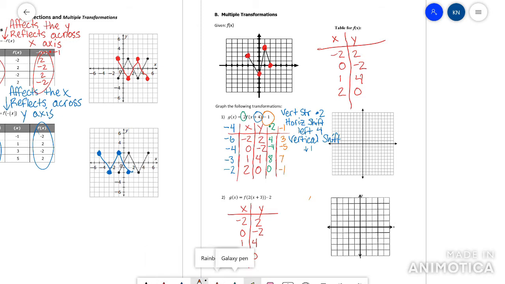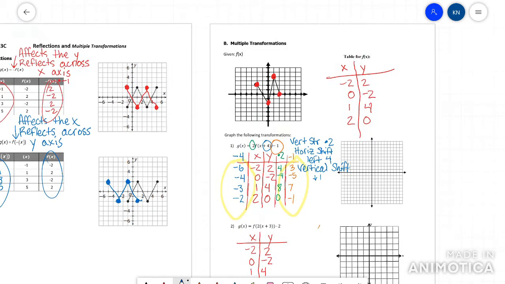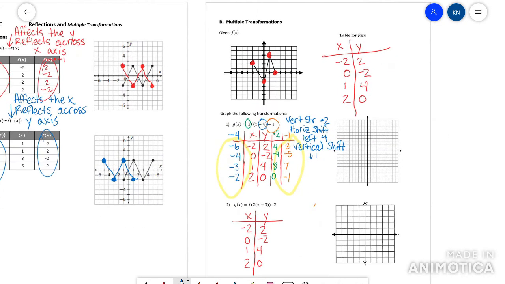Now, when I actually go to graph this thing, you always want to use the outermost coordinates. So these guys and these guys right here as your x, y coordinates. So this line, after all these transformations, would look something like this. This graph is really small. It's difficult to do.